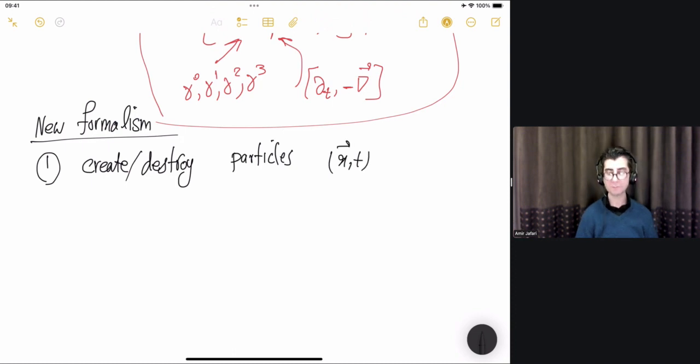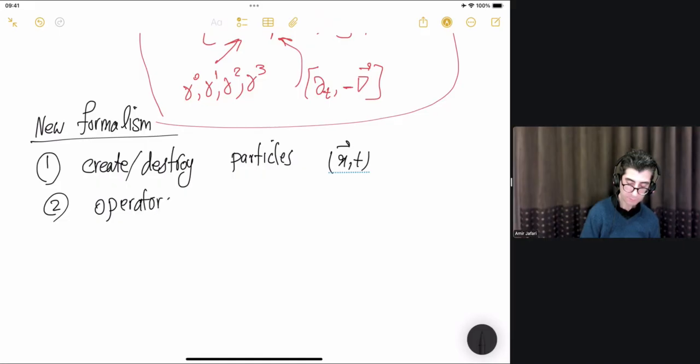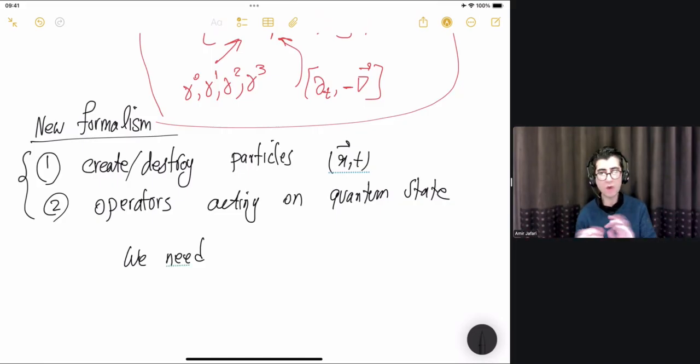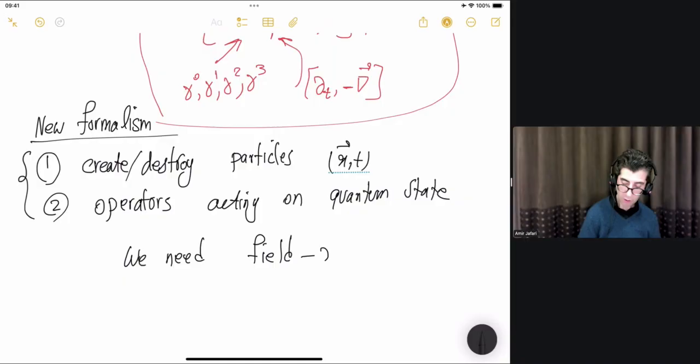And also, we need a formalism with a mathematical tool which operates acting on quantum states. So if you combine these two, what we need is a new mathematical tool, not differential equations, not wave functions, no, a new mathematical tool which can be called a field operator.